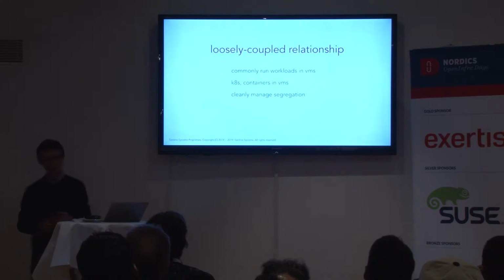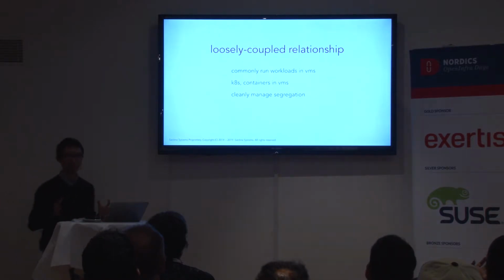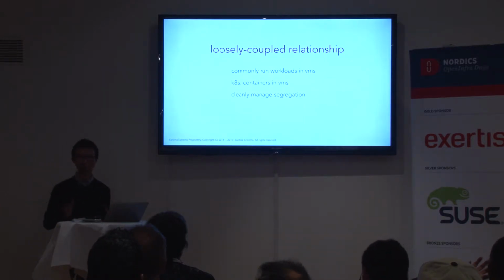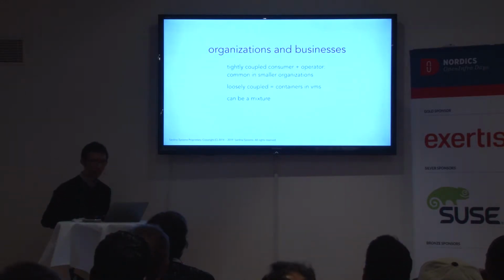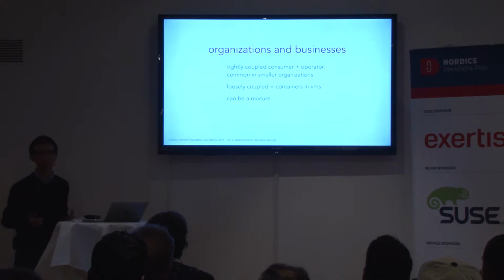Where you have a loosely coupled relationship, you tend to then run Kubernetes, run containers inside VMs, and this allows you to have very cleanly managed segregation. Where you have a tightly coupled relationship, it could be a mixture.